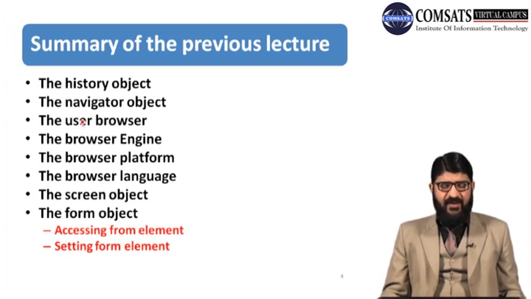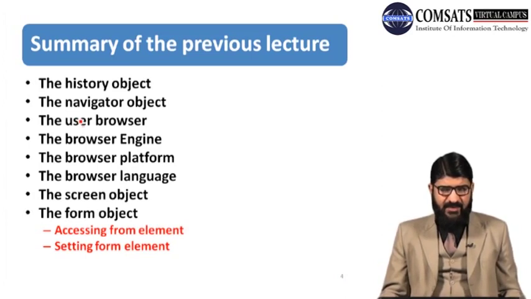Moving onward, we discussed the browser engine. Using the browser engine method, we can come to know about the user's browser engine, and similarly the user browser platform. If you want to know which particular operating system the user is using, for example Windows 7 or Windows 8 or Linux, using this method you can get information about the user platform.